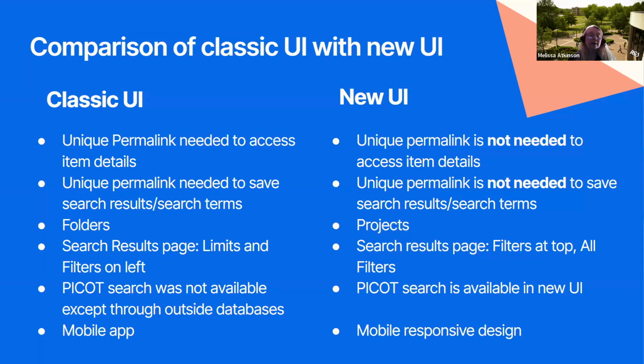In classic UI, a PICO search was not available except through outside databases. We have the TRIP database. But in the new UI, there is a PICO search available, and I'll show you how that works. In the classic UI, there's a mobile app. In the new UI, I think there is still a mobile app, but the browser has a mobile responsive design, which is really nice. The classic UI didn't really have that, so I think that's a good improvement.